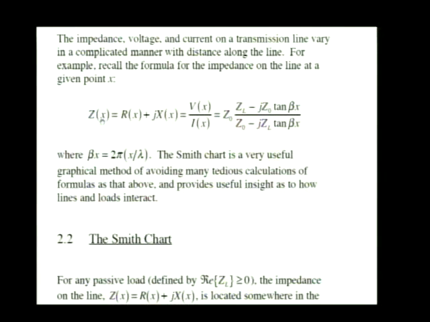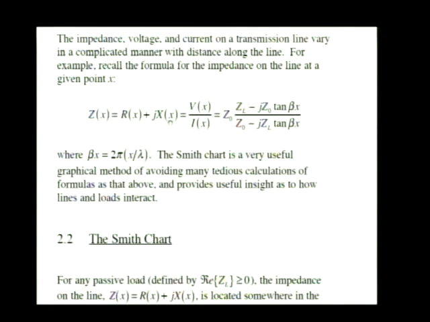I'm going to use the fact that Z is a complex quantity and write it in rectangular form as shown here as R of x plus j times X of x. Z is a function of x, a function of position, so its real portion, the resistance at any position on the line, is a function of position, and its reactance, the imaginary part of the impedance, is also a function of position on the line.